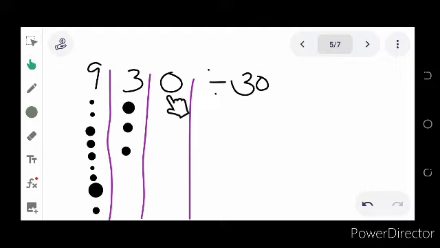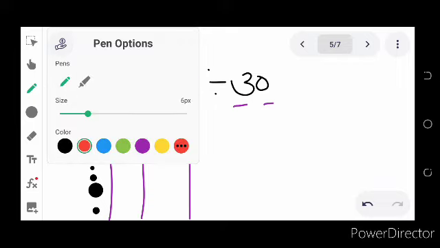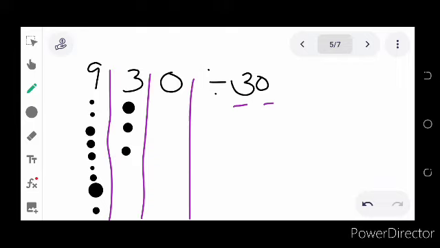So no dots here because that's 0. So only this one. Now the pattern is 3, 0. That means you have to connect 3 dots from the left but nothing on the right. So this is your only pattern.